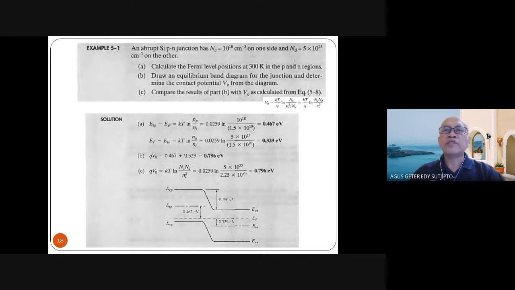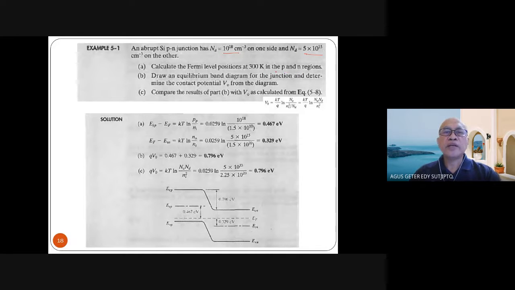So this is the number of donors and the number of acceptors. Then calculate the Fermi level position at 300 Kelvin, or room temperature, in the P and N regions.